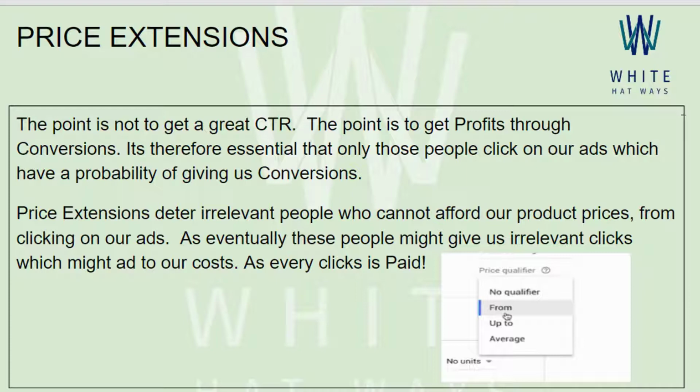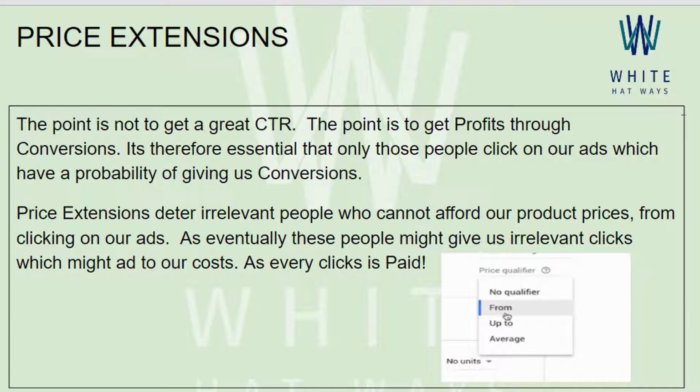So when I saw this price extension, I could make out that this advertising is not for me. I should better not click it. It never aroused me. Why? Because as it is, the laptops were starting with 70,000 and I cannot pay 70,000. My pocket does not allow it. So somewhere down the line, it saved the advertiser from that irrelevant click. So that is the importance of price extensions.